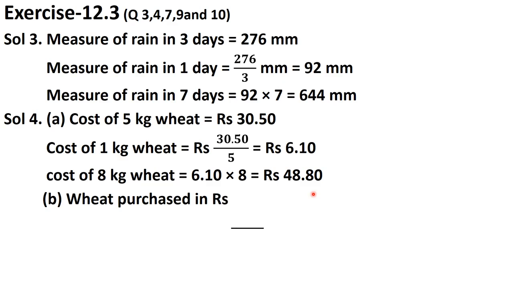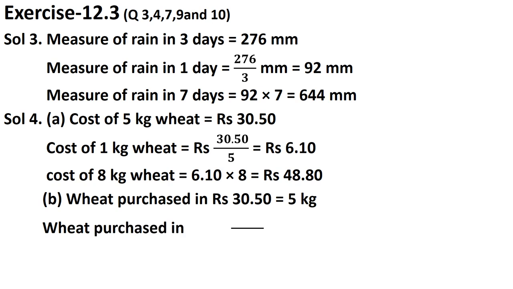See its B part. What quantity of wheat can be purchased in rupees 61? Now you have to find out the quantity, so quantity we will keep on the right hand side. Be careful in this. Whatever you have to find out, you always keep on the right hand side. So wheat purchased in rupees 30.50 is 5 kg.